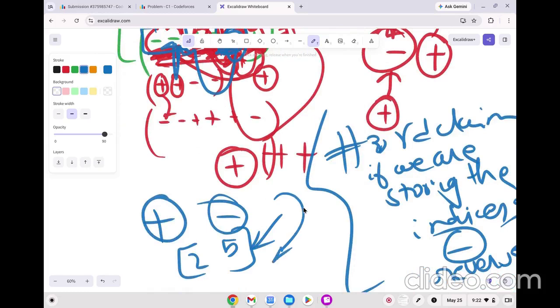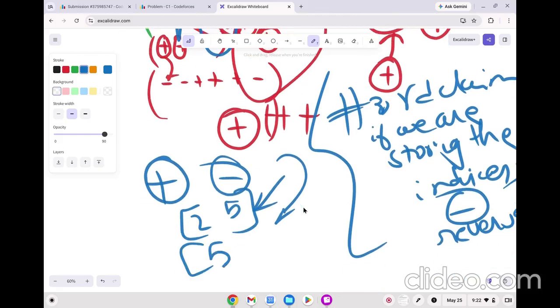Now you will simply reverse it. So first we need to traverse on 5, then we will traverse on 2, because traversing first on 5 guarantees me that the next element which I will traverse will definitely be a positive number, so we can traverse on this the very next time.